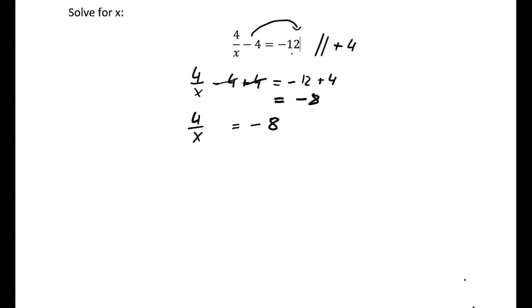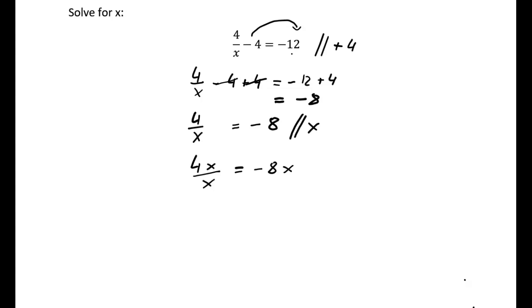Now we can, obviously, multiply both sides of the equation by x. What does that give us? It gives us 4x over x, so that's the left hand side, equals negative 8 times x on the right hand side.